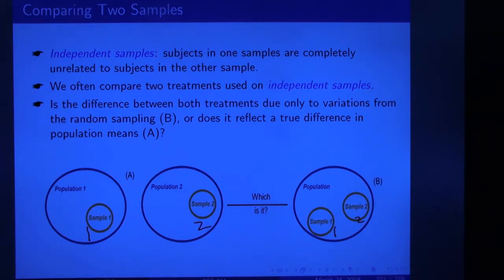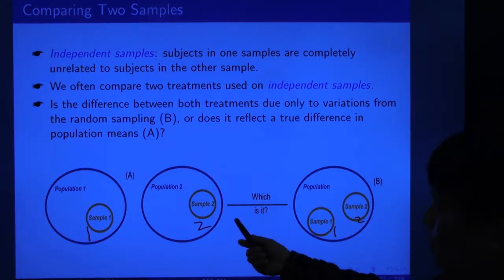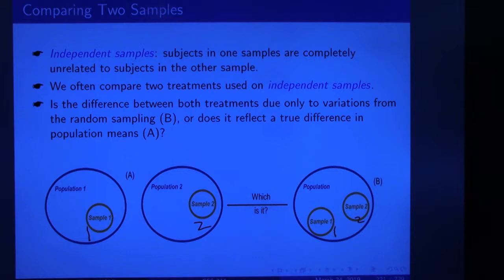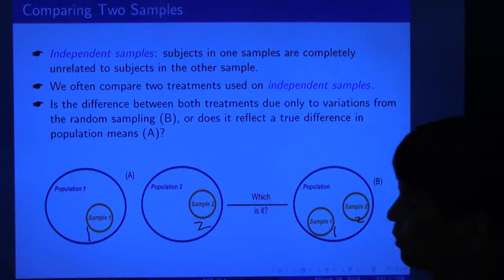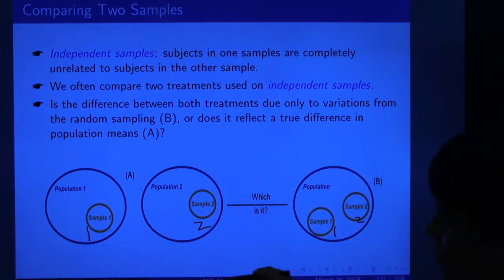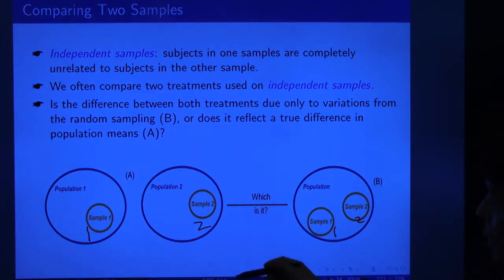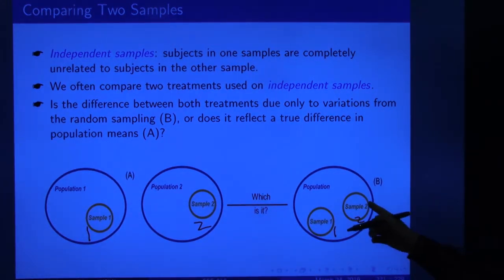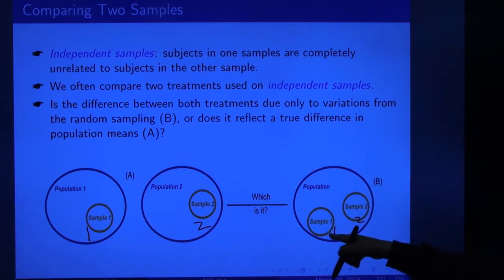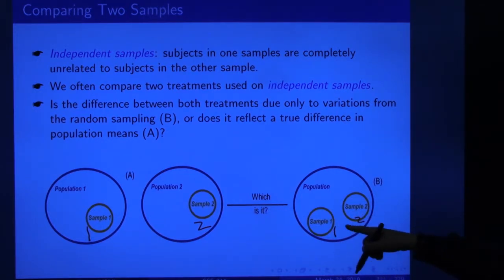Now the question is: is sample 2 from a completely different population than sample 1, which means sample 1 is from population 1 and sample 2 is from population 2? Or does sample 2 come from the same population as sample 1, and the difference between them is just because of random variation?